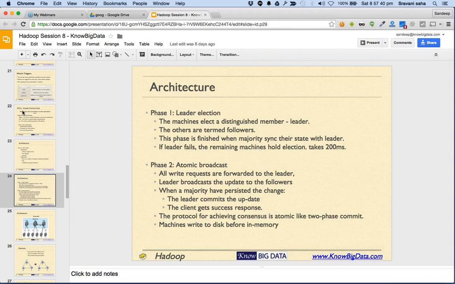And why is it so? Such that the data does not get corrupted. If there are multiple leaders, multiple people accepting the modification request from the client, then it will be very difficult to make sure of the consistency of the data. Imagine you are trying to modify a node, and I have deleted that node.